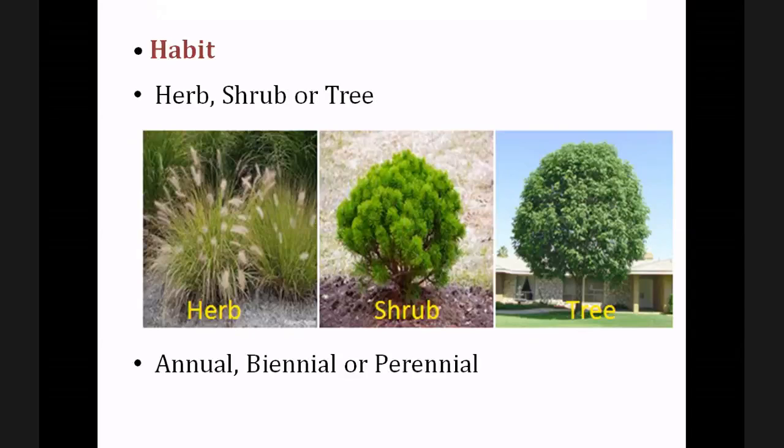So we can uproot this plant easily because it has a soft, non-woody stem. It is very short and the smallest. Examples are the grasses and paddy. That is one example of a herb.